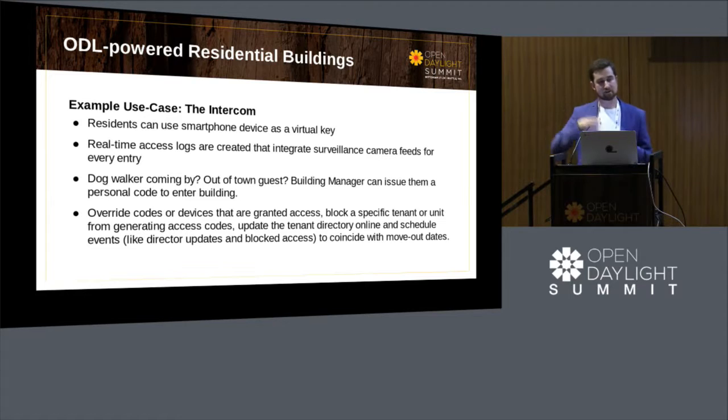You could attach it to the camera with a single shared infrastructure where you could create real-time access logs that integrate your surveillance camera feeds for every entry. If you had a dog walker or an out-of-town guest come, you wouldn't have to give them your key or print a new key. You would get your building manager to issue them a personal code to enter the building.